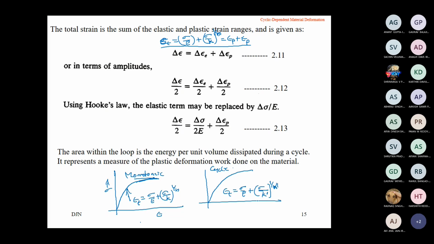The equation still remains the same. If you want to write the equation for a hysteresis loop curve in terms of the strain amplitudes, okay, in terms of strain amplitude, you have the hysteresis curve.